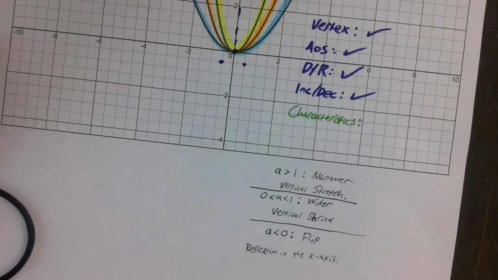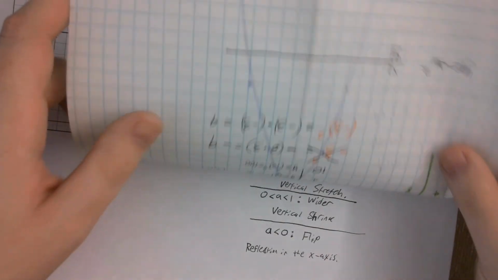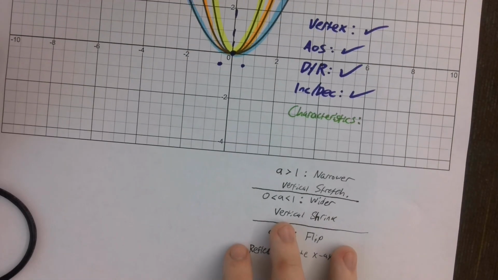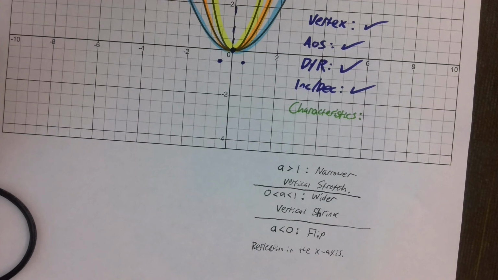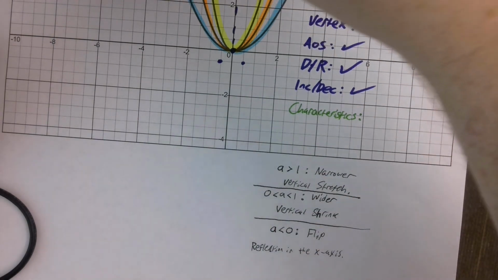A reflection in the x-axis basically just means, hey, imagine that we're flipping our graph over the x-axis. It would turn upside down. When you see that you have to list off a characteristic, these are the characteristics you are looking to list.